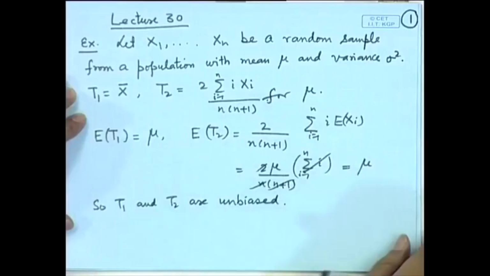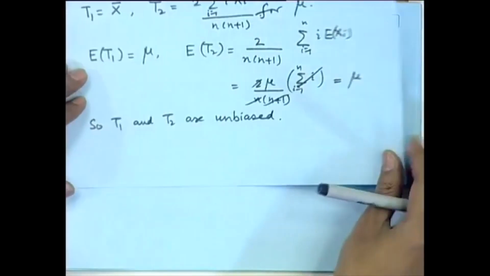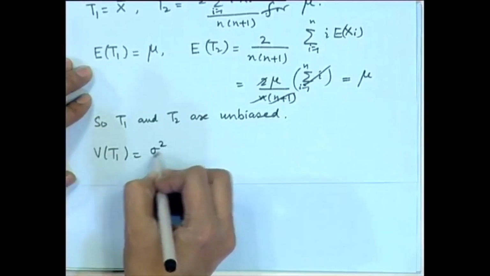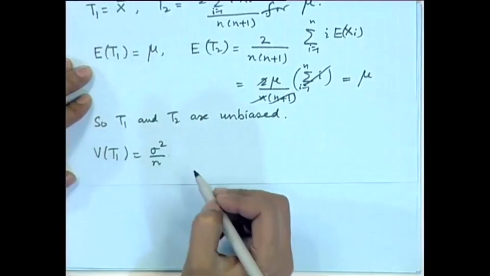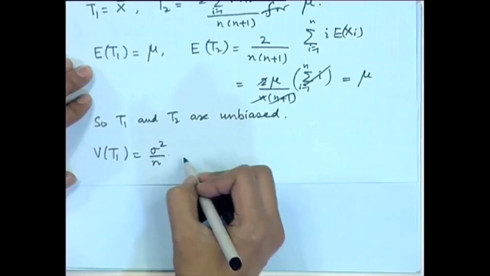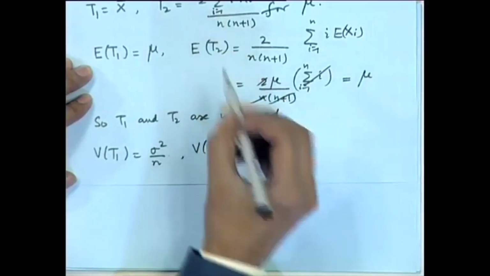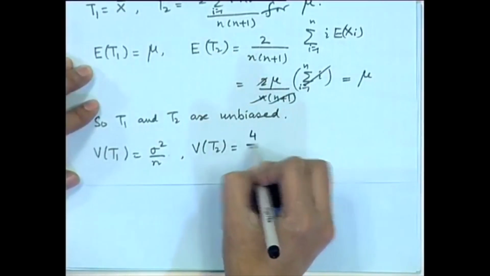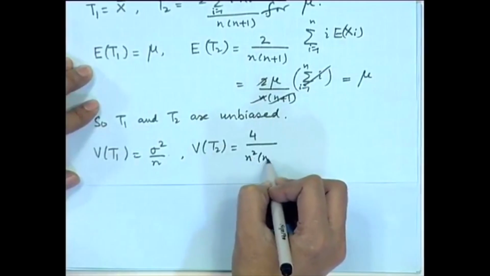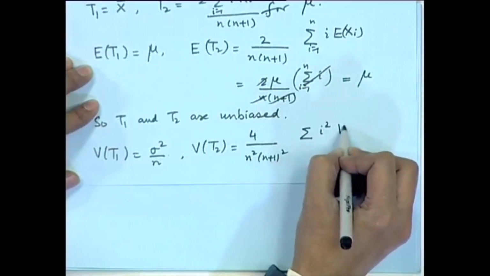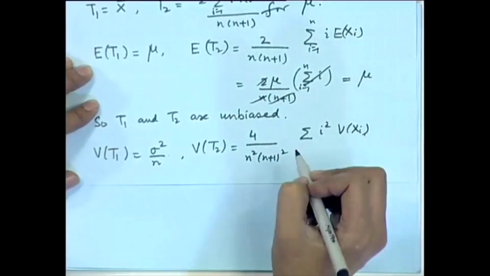Let us look at variances. What is the variance of T1? The variance of T1 is sigma square by n. We have already shown that the variance of the sample mean is equal to sigma square by n. Let us consider the variance of T2. Now, because of the independence, it becomes 4 by n square into (n plus 1) square, sum of i square, variance of x_i.